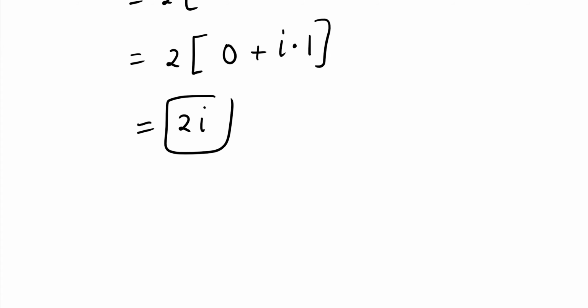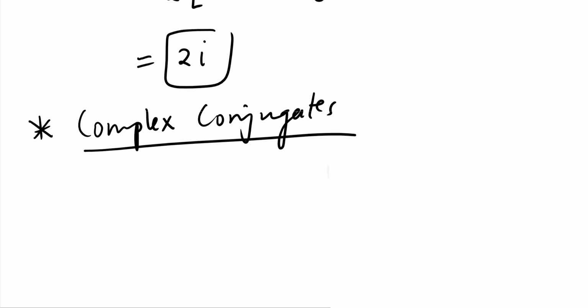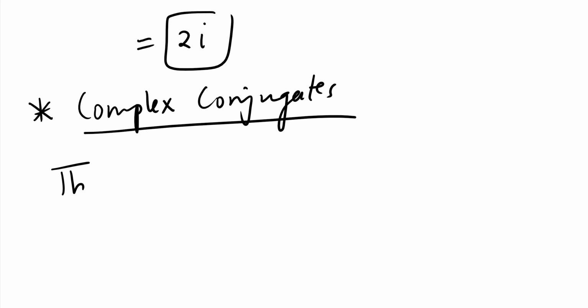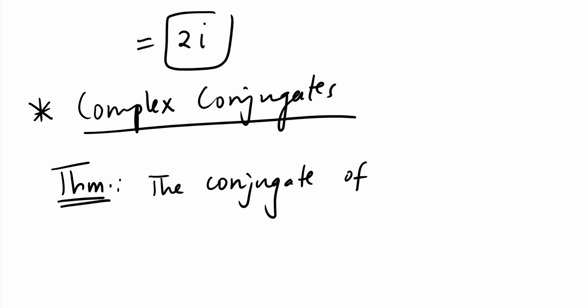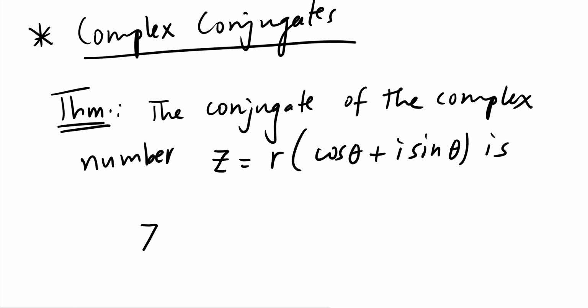What else do we have to learn? We can learn about what we call complex conjugates. It's applying the same theorems basically to prove this. The theorem about the complex conjugate says the conjugate of the complex number z equals r cosine theta plus i sine theta is, you can put z bar on the top like that.